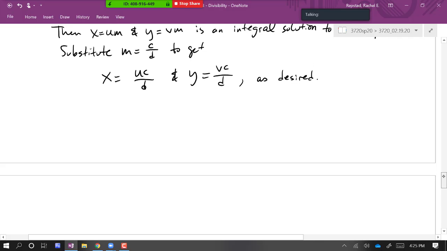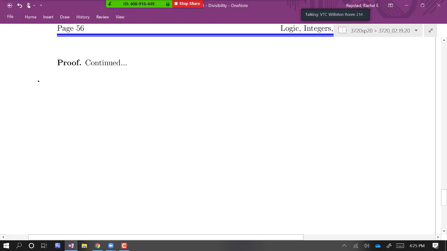All right. So for the other direction, we're going to suppose that that equation, ax plus by equals c, has an integral solution.